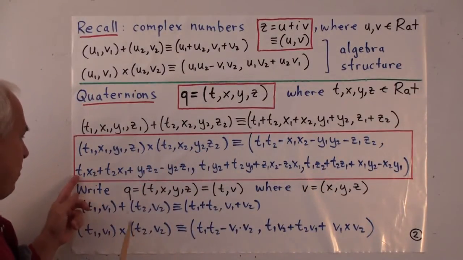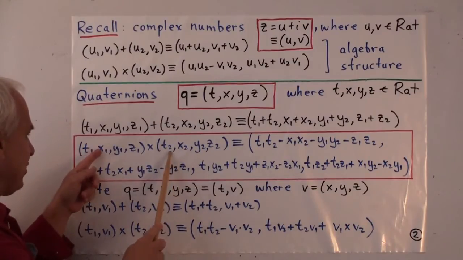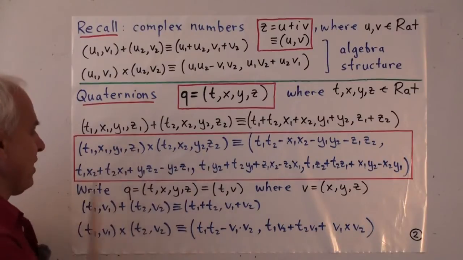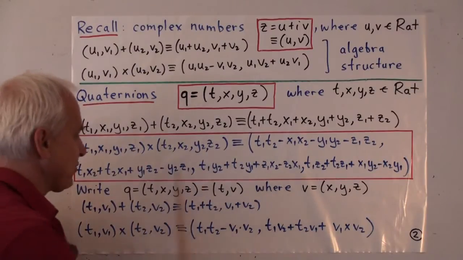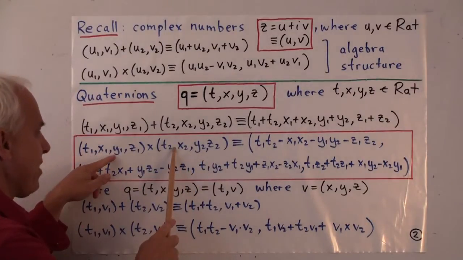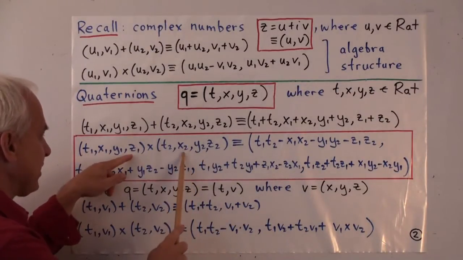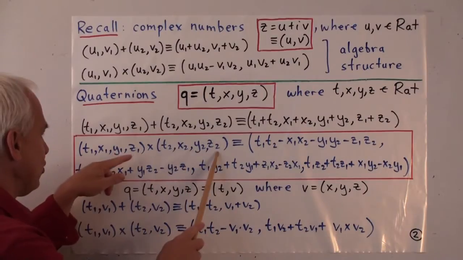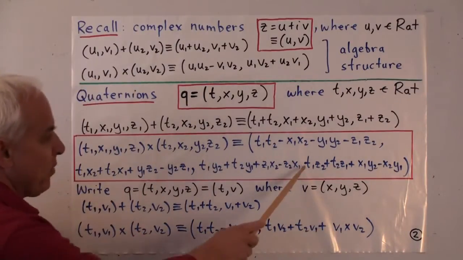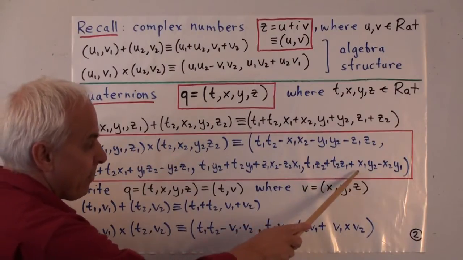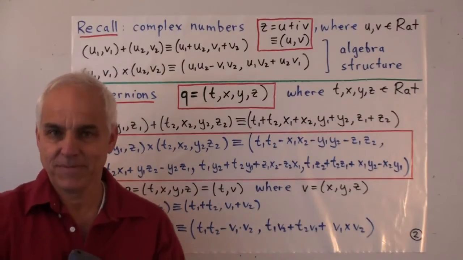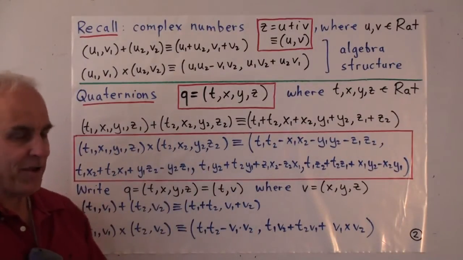The next one is t1 x2 plus t2 x1 plus y1 z2 minus y2 z1. And then the next one is t1 y2 plus t2 y1 plus z1 x2 minus z2 x1. And the last component, t1 z2 plus t2 z1 plus x1 y2 minus x2 y1. So this is the way we multiply quaternions.